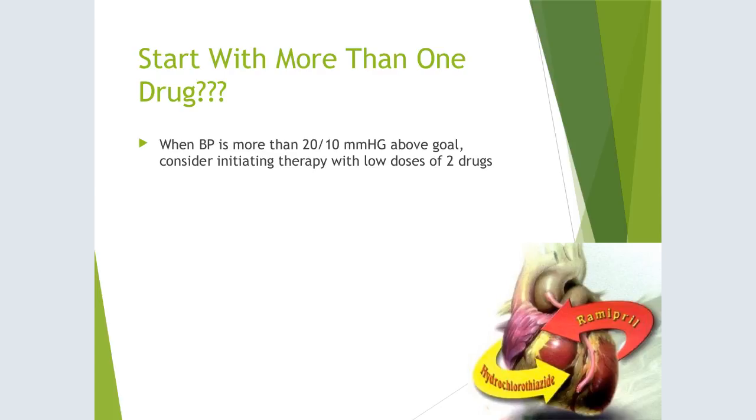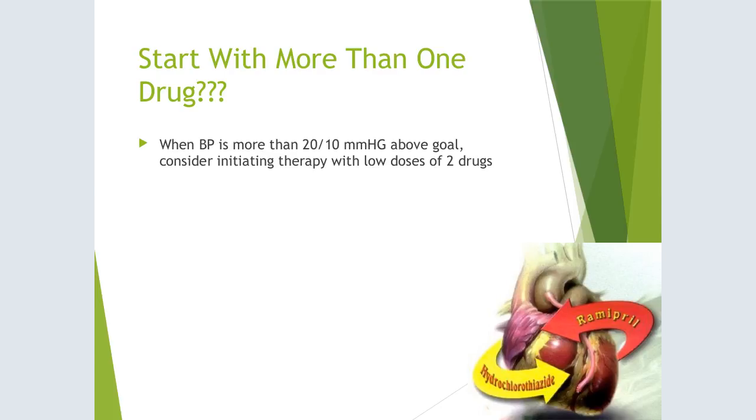When the blood pressure is more than 20 millimeters of mercury systolic or 10 millimeters diastolic above goal, consider initiating therapy with low doses of 2 drugs. That's kind of tricky, in that it says consider, it doesn't say you have to.